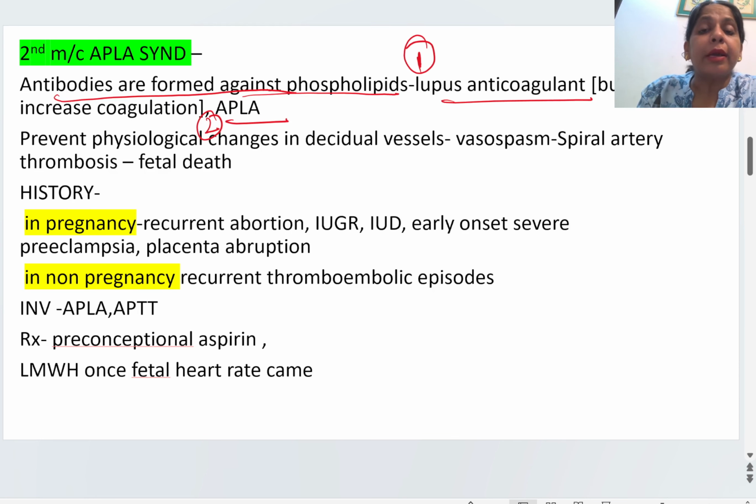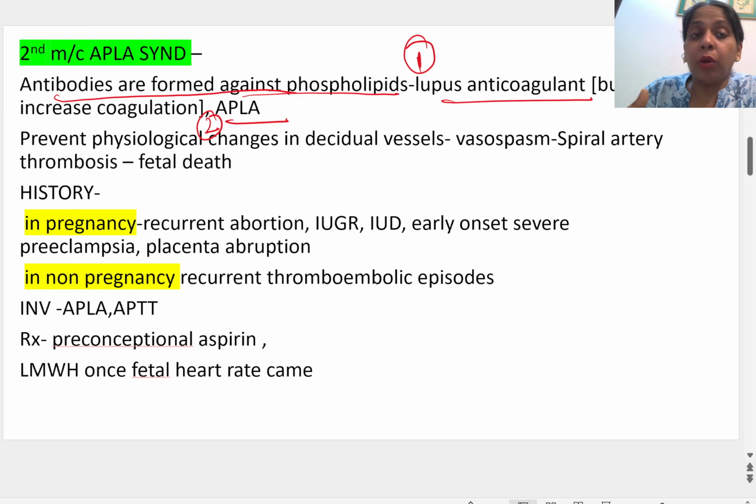So what happens when these antibodies are formed? As you have read in preeclampsia, they prevent the physiological changes in the vessels. You know, during pregnancy, the tunica media is removed by the extravillous trophoblast. We read in preeclampsia also.